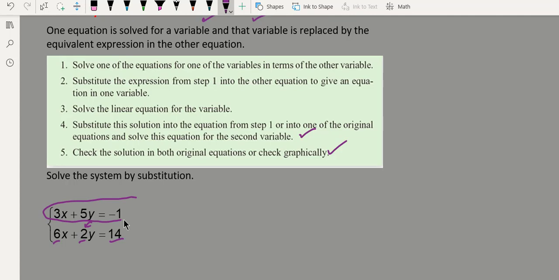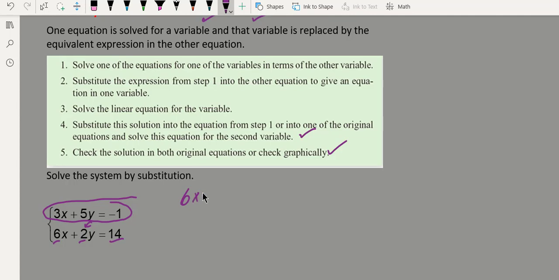So the first one, 3x plus 5y equals negative 1, they have nothing in common. But if I look at 6x plus 2y equals 14, they have at least a 2 in common, or they're all even numbers. So let's try to use that.